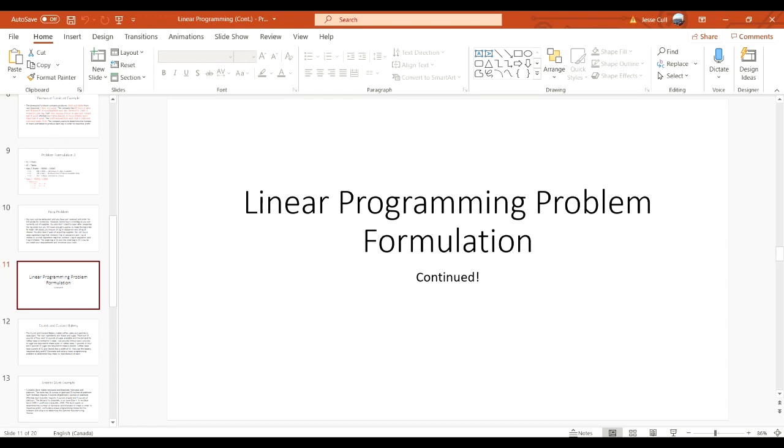Hello everyone. In this section we're going to, for probably the final time depending on how many we cover, do one more linear programming problem formulation class. Similar to what we did last time with different problems.